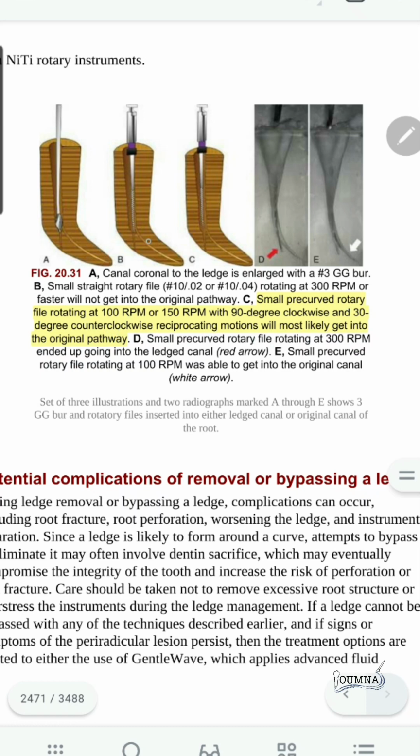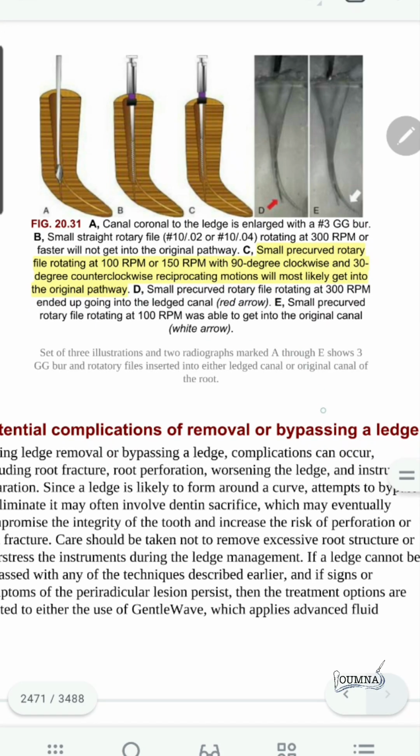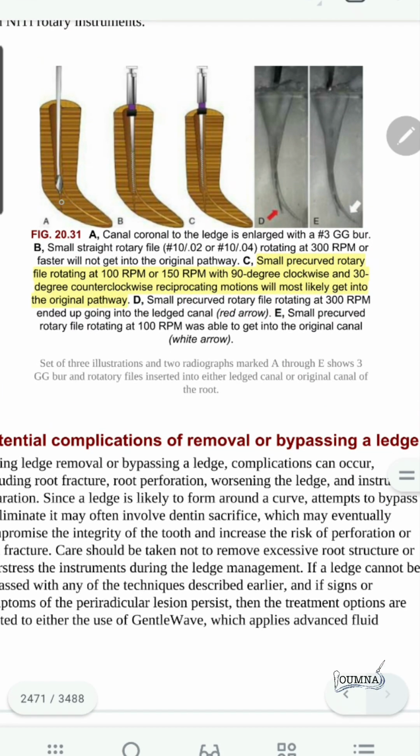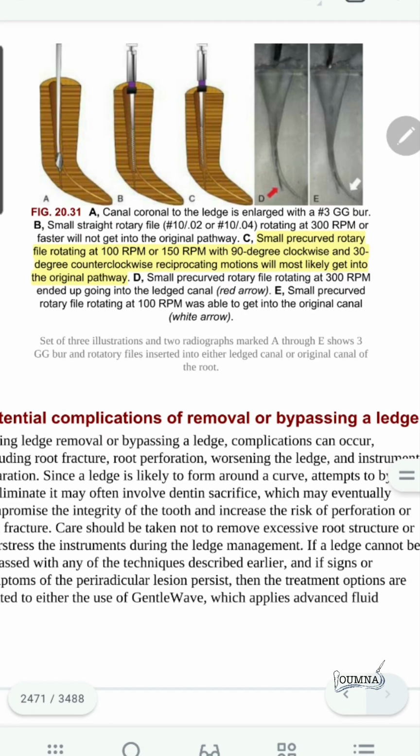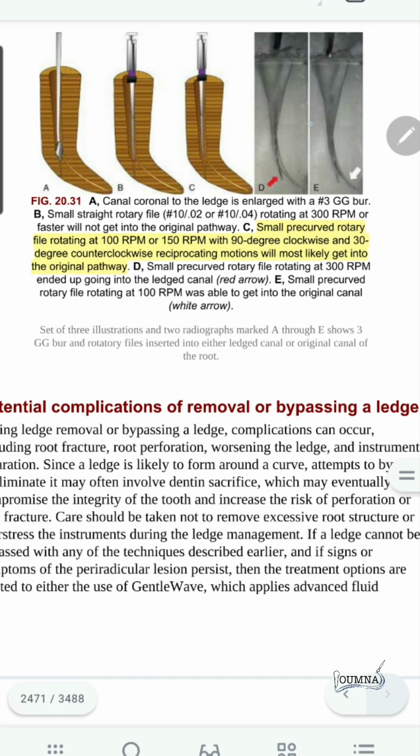So this is the secret recipe. 100 is the speed, and the reciprocal motion is 90 to 30 degrees. This will make the instrument get out of the ledge and go to the original path of the canal. Here is an experiment. This is the 300 speed, and this is the 100. And we can see that this gets into the ledge, but this has bypassed it.